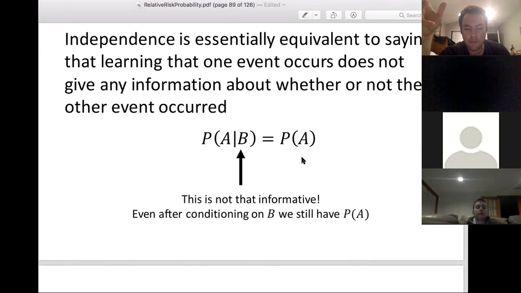An independent case would be a random sampling of people who don't know each other.